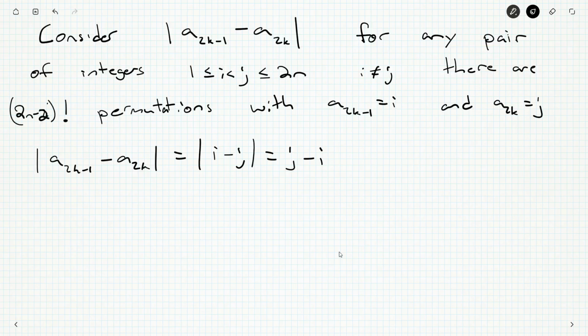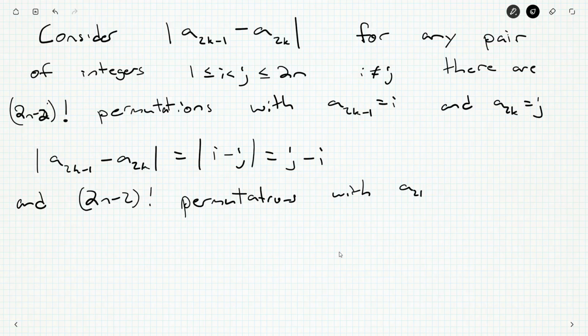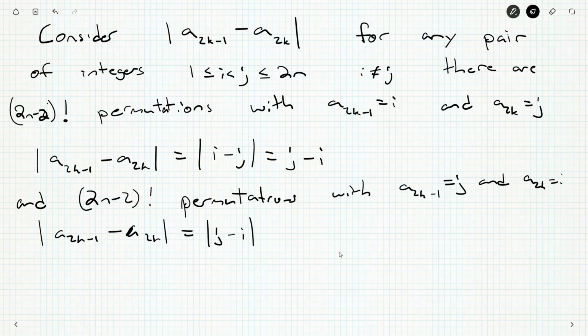So that many permutations with this, and again another 2n minus 2 factorial permutations with A2k minus 1 equal to j, and A2k equal to i. And in that case, A2k minus 1 minus A2k is equal to the absolute value of j minus i, which again is j minus i.